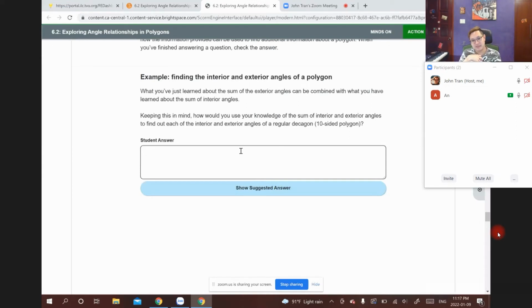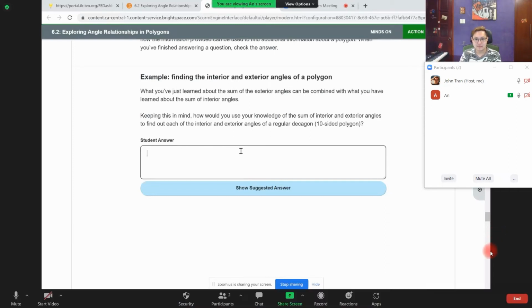So if you have a decagon, a 10-sided polygon, you should have 10 equal exterior angles, right? And all of them add up to 360, right? So each of them should be 36 degrees, isn't it? Do you understand my reasoning?